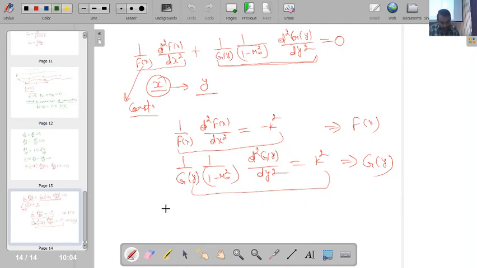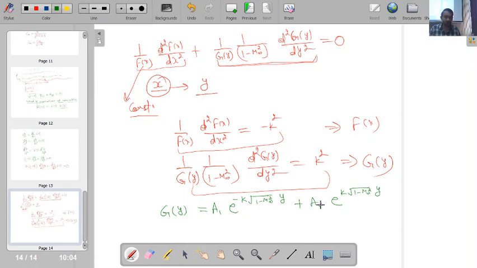So now these are very direct equations, so their solutions we have also seen many times. The solution of g of y comes out to be a1 times exponential of minus k into square root of 1 minus M infinity square into y, plus a2 times e to the power k square root of 1 minus M infinity square into y.